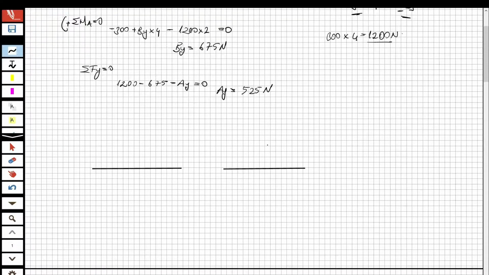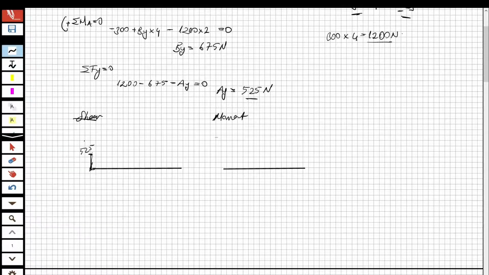I have the shear forces, so let's draw the shear diagram, and this is going to be the moment diagram. For the shear diagram at A, I have 525 Newton as the shear force, acting in the upward direction.